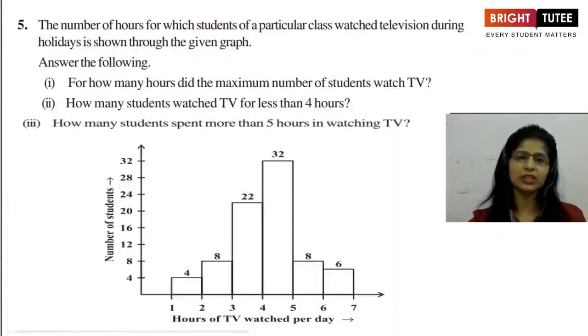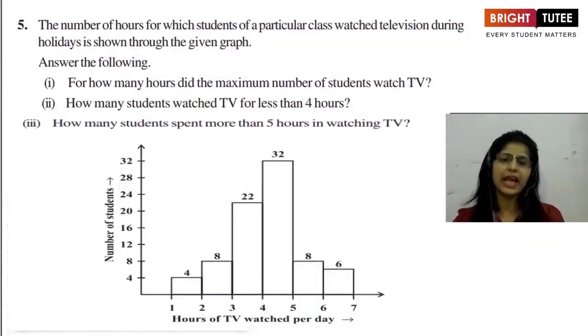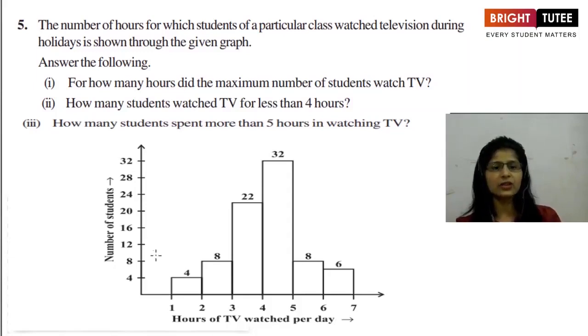Now here is one more question, and this would be the last question for today. In question number 5, the number of hours for which students of a particular class watched television during holidays is shown through the given graph. Hours of TV watched per day is shown on the x-axis, and on the y-axis we have shown the number of students.